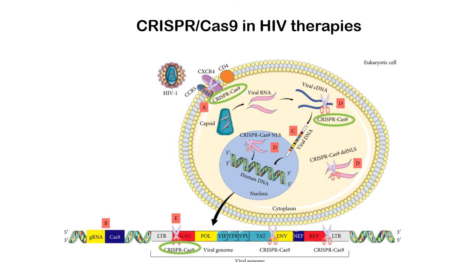We could edit the CCR5 gene so that it does not express on our T cells, again preventing the binding of HIV. We could also directly remove HIV from our genome once HIV is integrated by using CRISPR-Cas9. CRISPR-Cas9 can also be used to target viral cDNA.